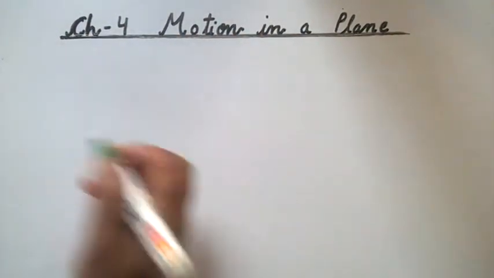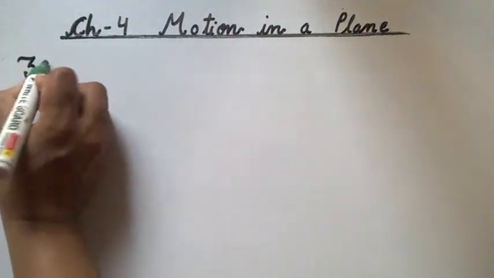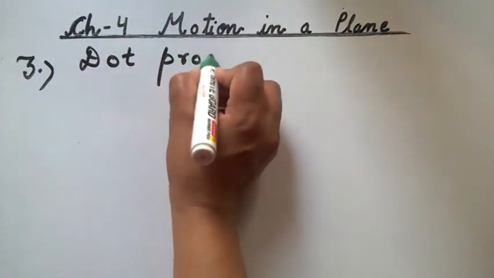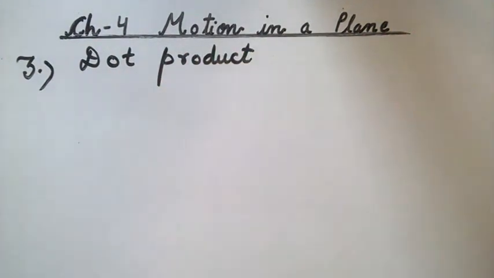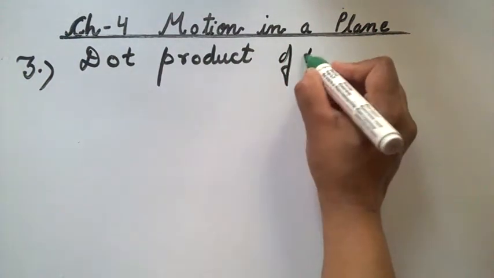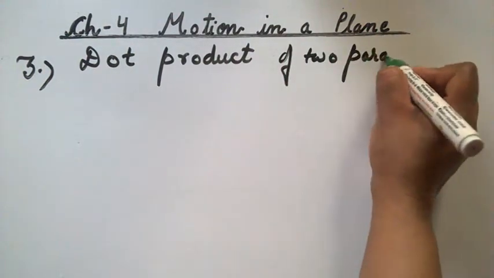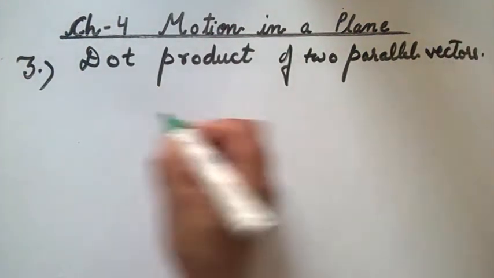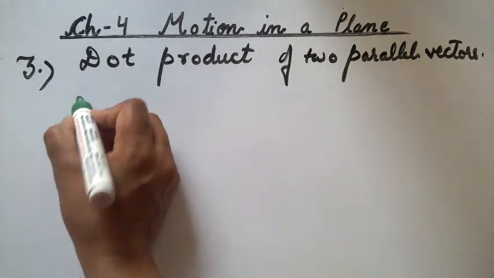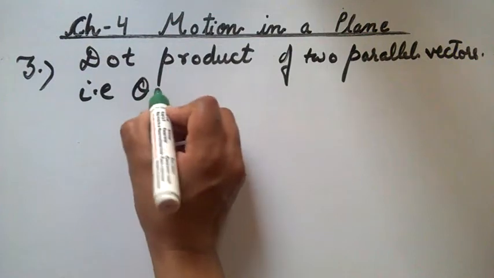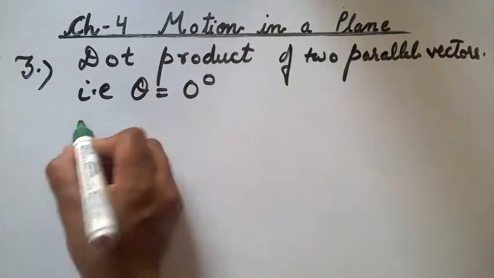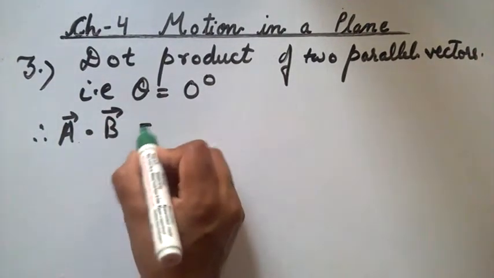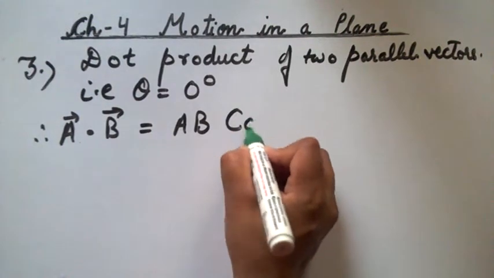The next and important one is the dot product of two parallel vectors, which is simply the product of the magnitudes of the two vectors. That is, if they are parallel, the theta between them is 0 degree. Therefore, A vector dot B vector is equal to AB cos 0 degree, and cos 0 degree is 1.